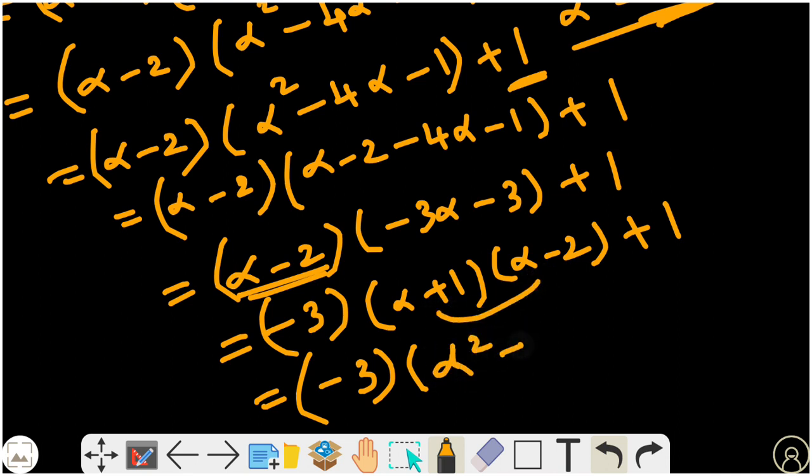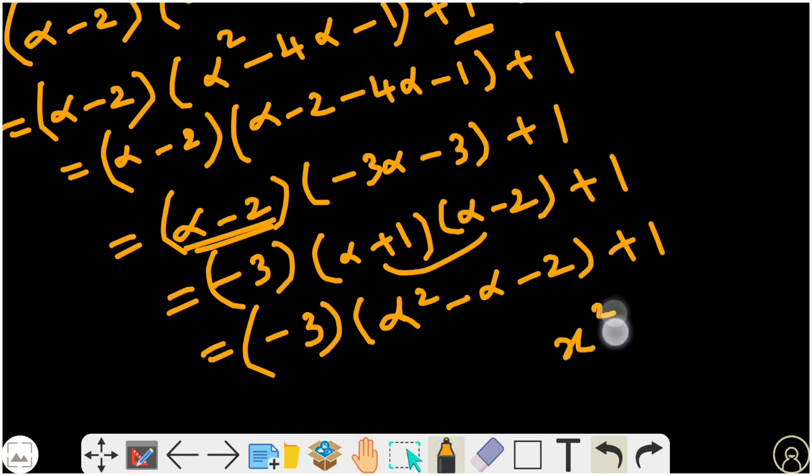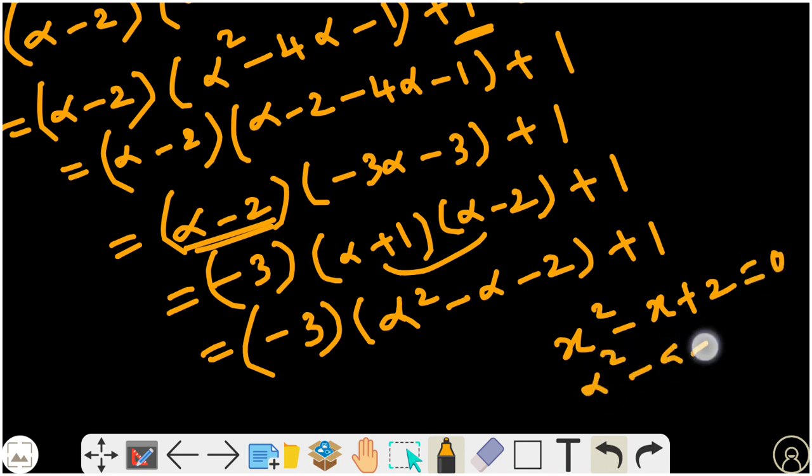So alpha square minus alpha minus 2 plus 1. Again look at your quadratic equation, x square minus x plus 2 equal to 0, alpha be the roots, so alpha square minus alpha plus 2 equal to 0.